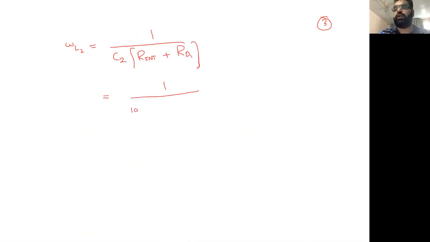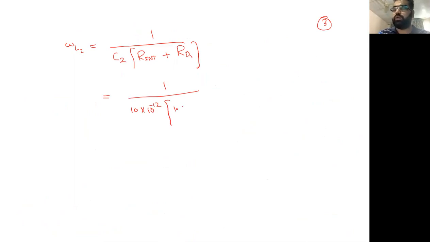So second pole information, omega L2, is equal to 1 over C2 times R internal plus RD1, whatever name you want to give, I just gave this name RD1. Now we have all the information. C2 is 10 picofarad, 10 raised to minus 12. R internal is what?